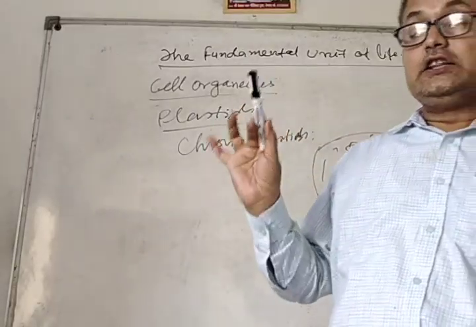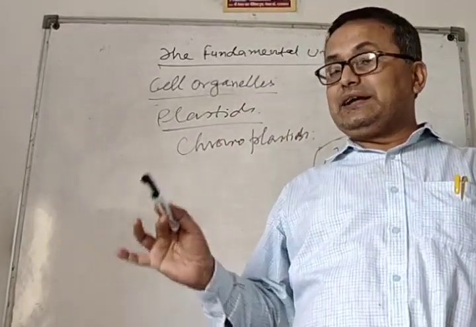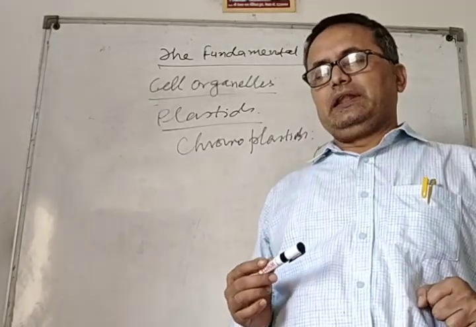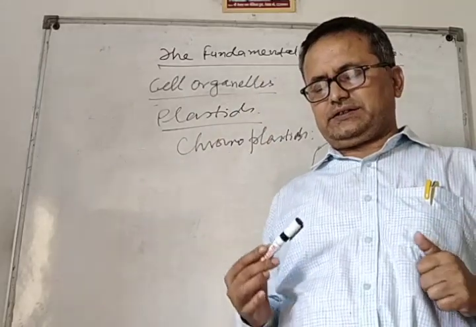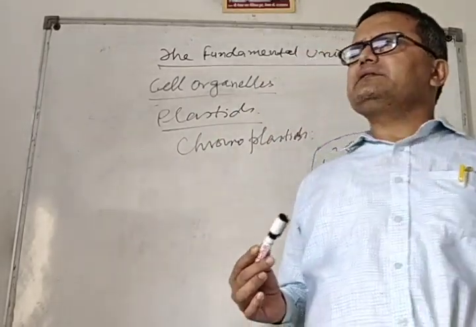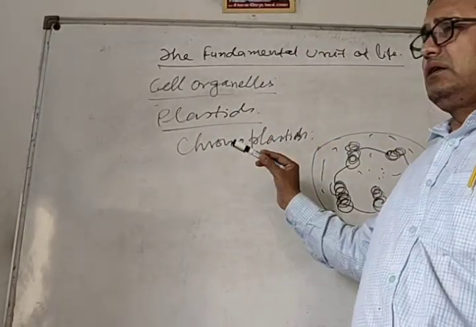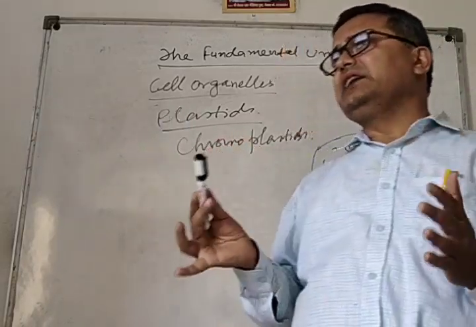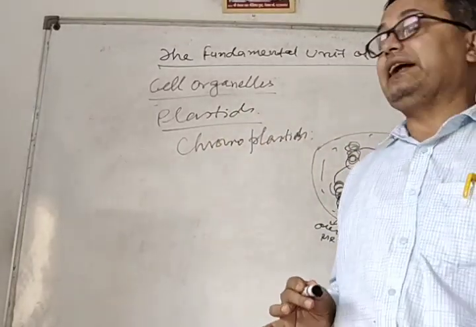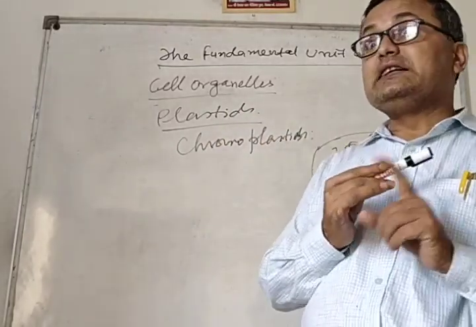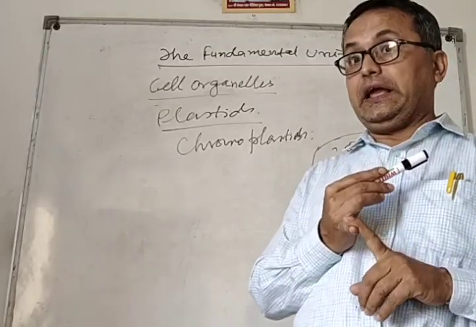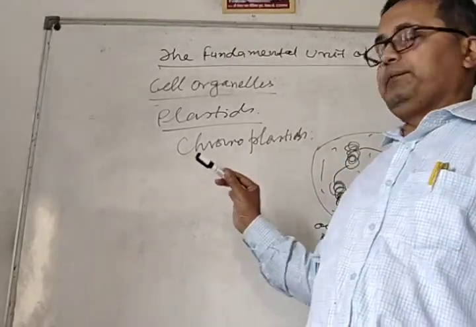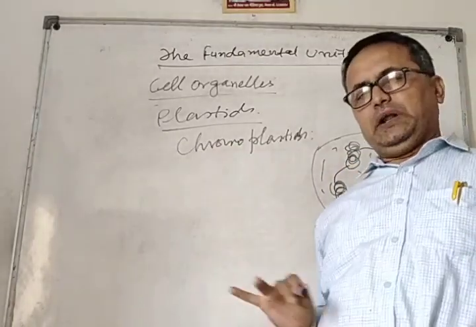Leucoplasts are generally present in roots and stem parts, and here substances are stored: starch, amino acids, and lipids are stored in leucoplasts.